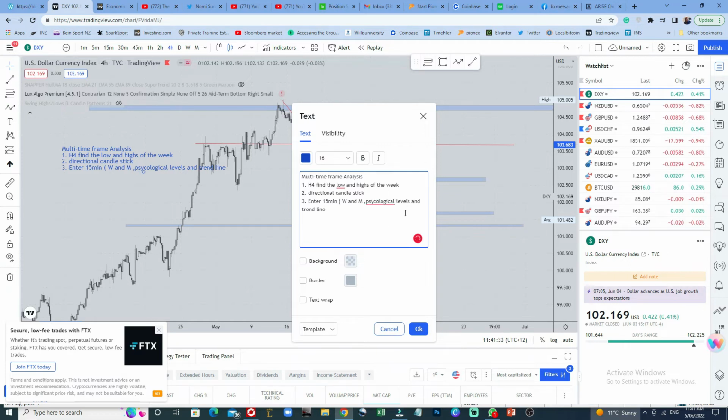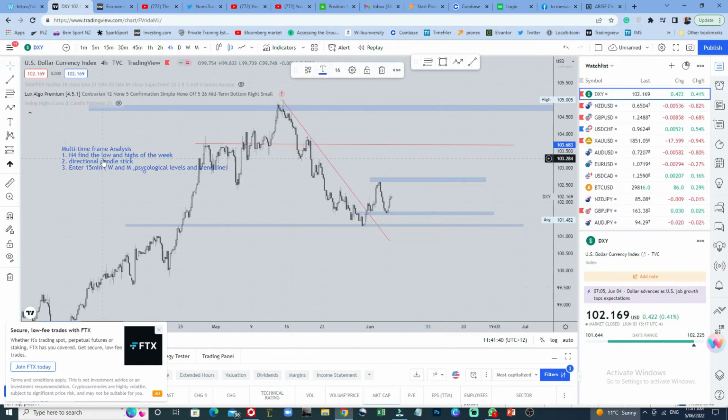Psychological levels and trend lines must meet for us to find our entry on the 15 minutes time frame. So that's what this multi time frame is all about.